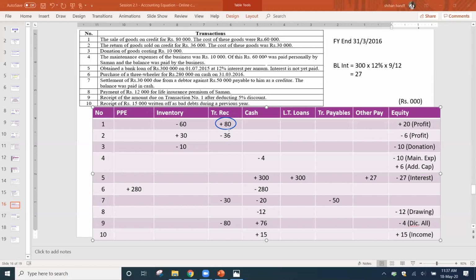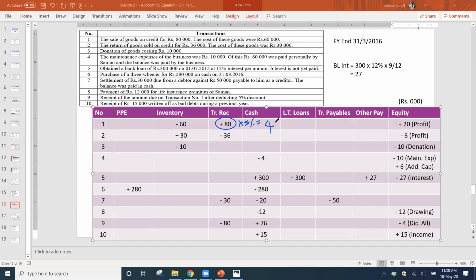Now he is settling us. Receipt of the amount due. So amount due is 80,000. So we are receiving this 80,000 after deducting 5% discount. If you calculate 5% discount, 5% discount is 4,000. Right?